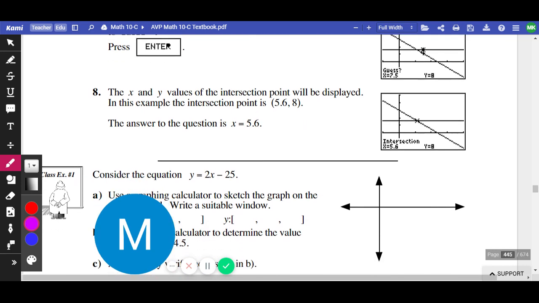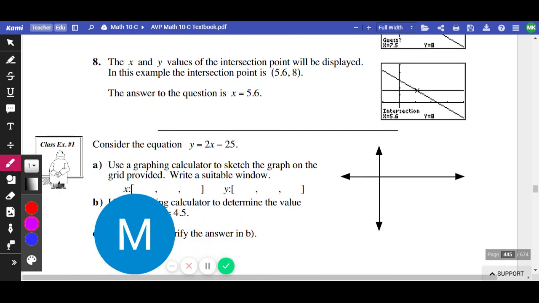Press enter one more time, and you'll be left with this on the bottom of your screen. And that tells you that if you want an output of 8, you need an input of 5.6. So x equals 5.6 to make an output of 8.